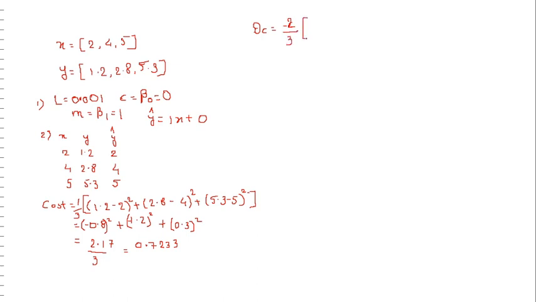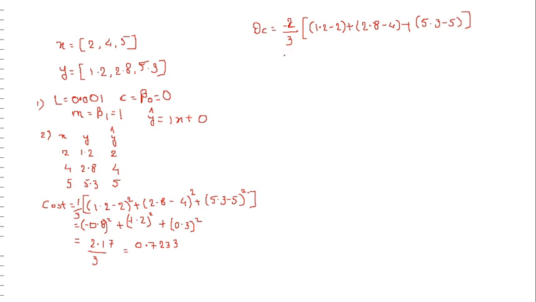My n is 3. So here we need to go for the subtraction of 1.2 minus 2, plus y minus y hat, 2.8 minus 4, plus 5.3 minus 5. So we need to compute this.